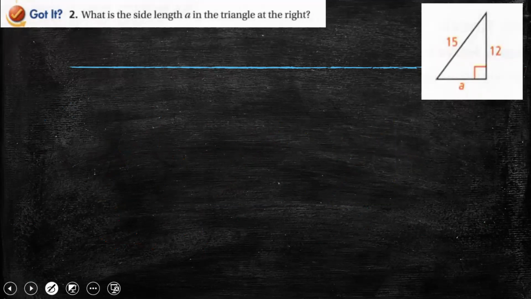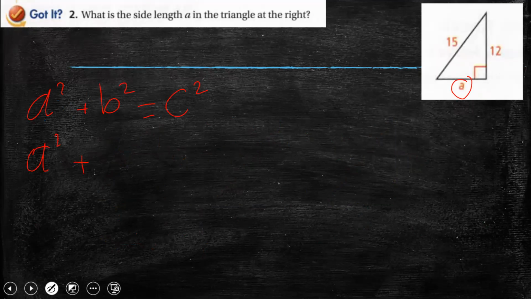What is the side length A in the triangle at the right here? Look at the right triangle here. A squared plus B squared equals C squared. Where is A? It is unknown. Where is B?